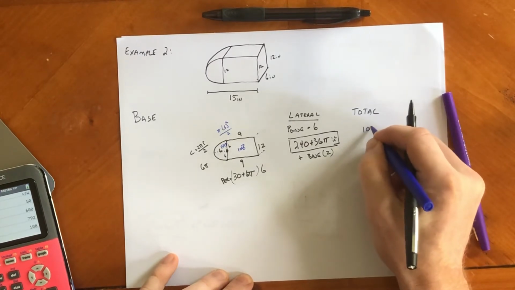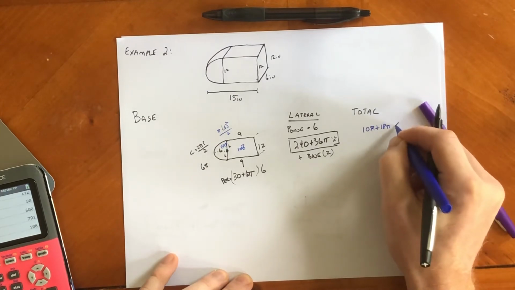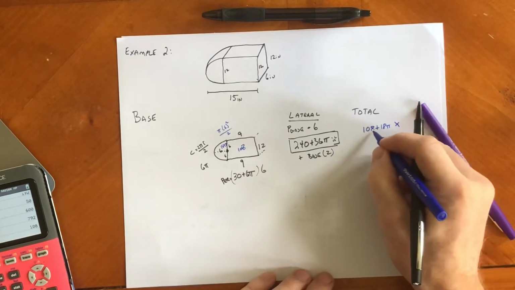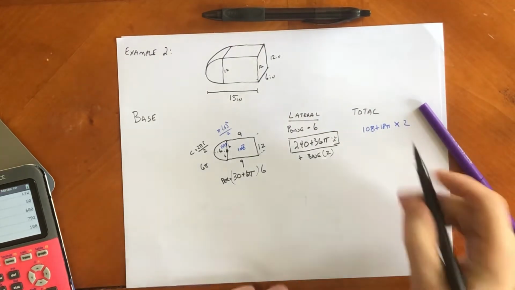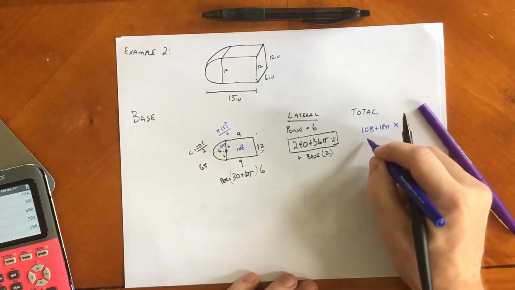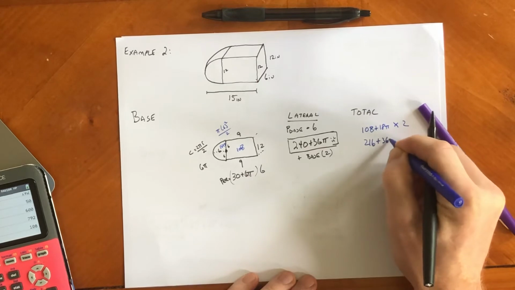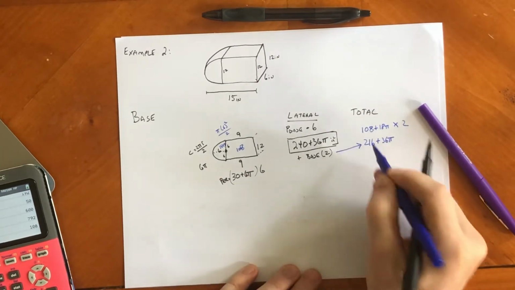Right? So the base is going to be 108 plus 18 pi. And then I have to take that, and I can touch the front base and I can touch the back base. So I'm going to multiply by 2. So that's going to give me 216 plus 36 pi. Right? So that's my 2 bases.